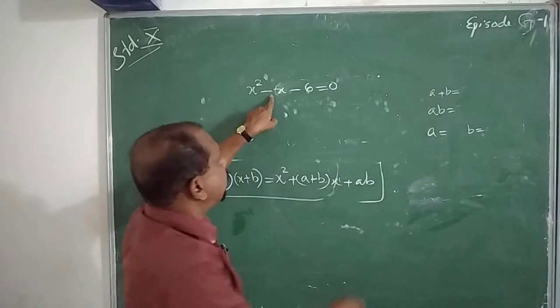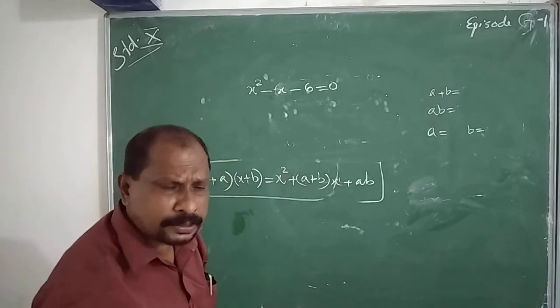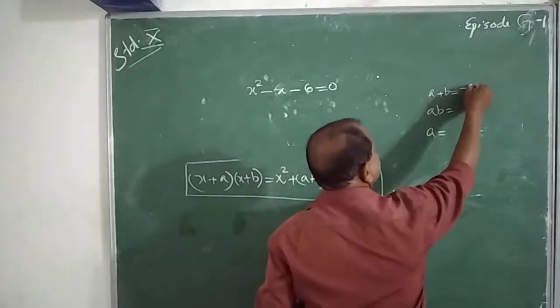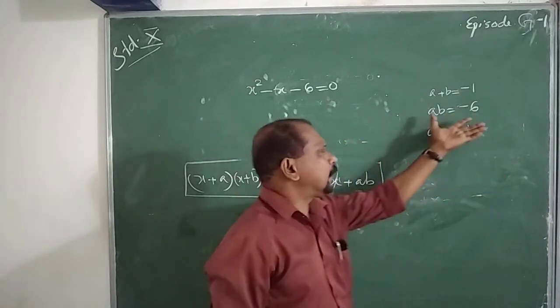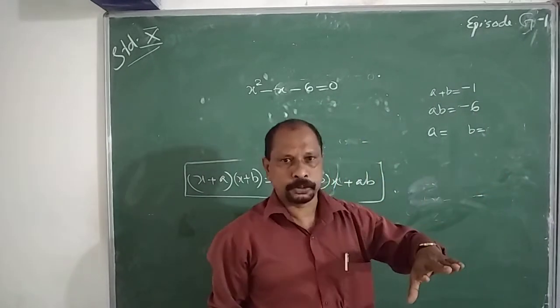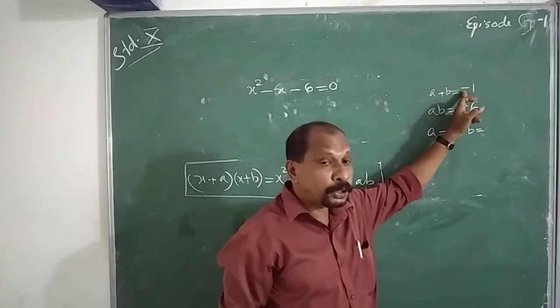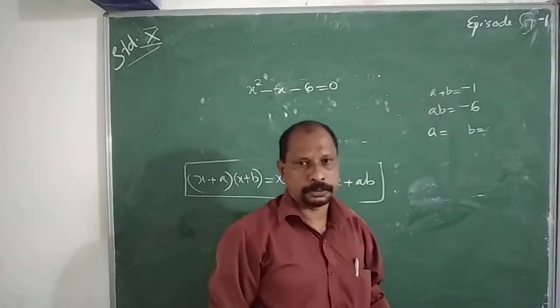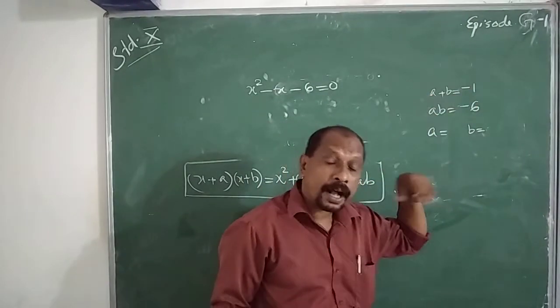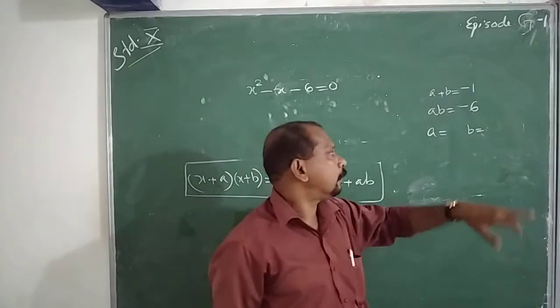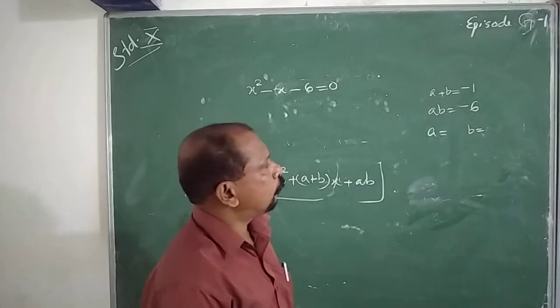That means a plus b is equal to minus 1, and a into b is equal to minus 6. The product is minus, which means one is minus and the other is plus. If the sum is positive, the highest number is positive and the least number is negative. If the sum is negative, the highest number is negative and the least number is positive.